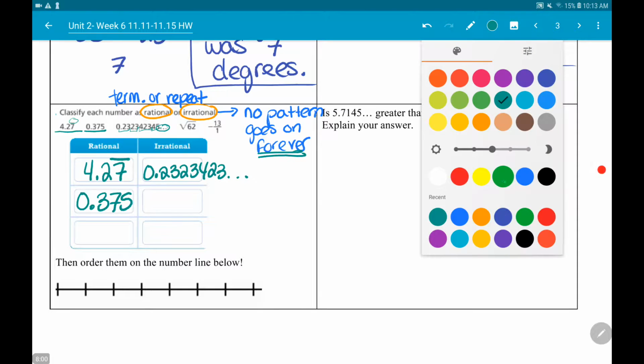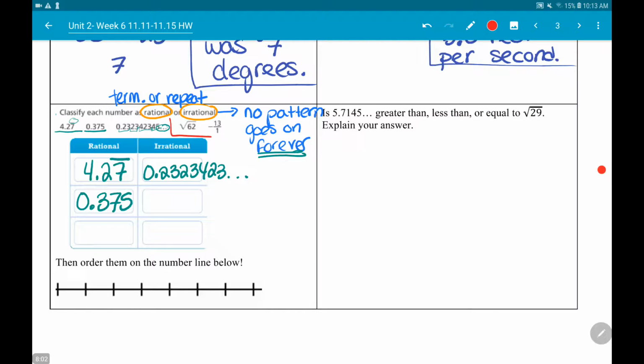All right, my last two I need to test first. I'm sorry, this one I need to test. The square root of 62, so I'm going to do that on the side. Square root of 62, I'm going to type it in my calculator and see if I get a rational or irrational number. So I get something that looks like this. Is this rational or irrational?